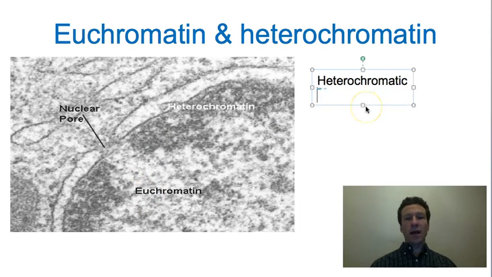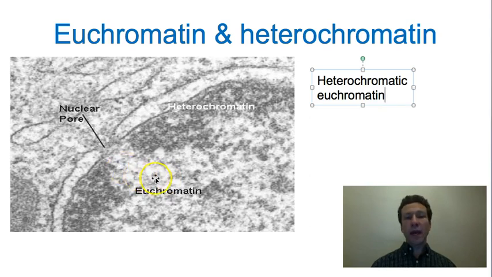In contrast to that is the euchromatin. And the euchromatin is more spread out, so that's why it looks less dark here. These white areas aren't really empty, it's just more diffuse DNA. Because it's more spread out, it is easier for the machinery that's necessary to attach to it to make RNA.